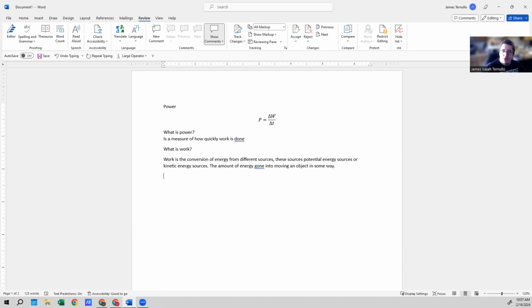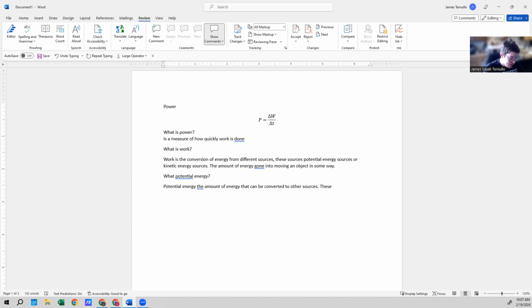All right, so we have this definition of power, we have this definition of work, and we've mentioned some other things, potential energy and kinetic energy. So we want to fill out and round out all of these things. So what is potential energy? Well, potential energy is the amount of energy that can be converted to other sources.